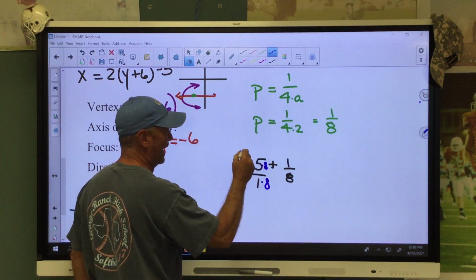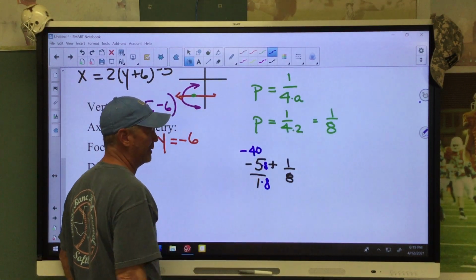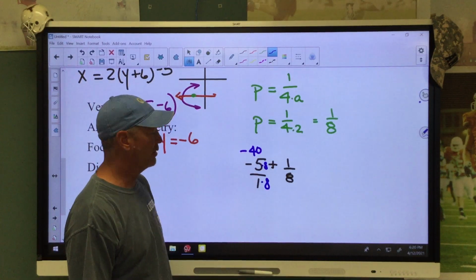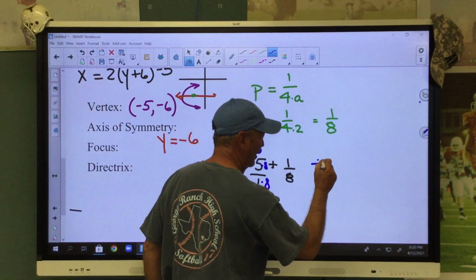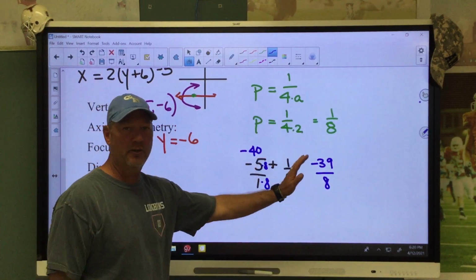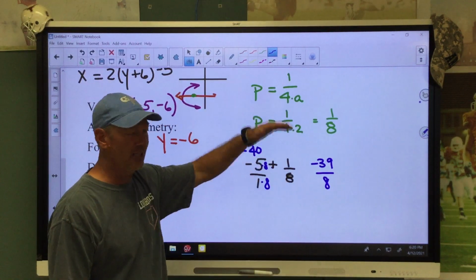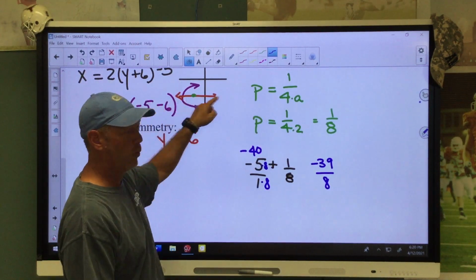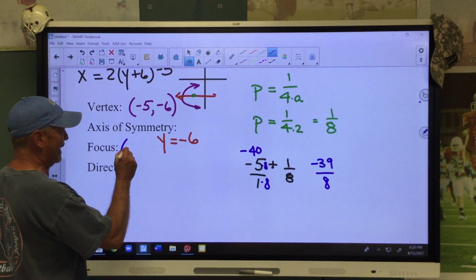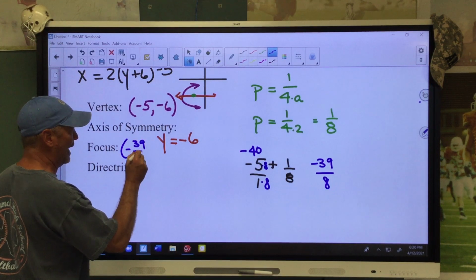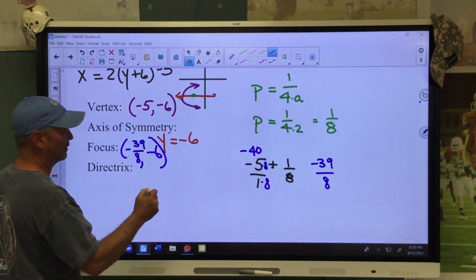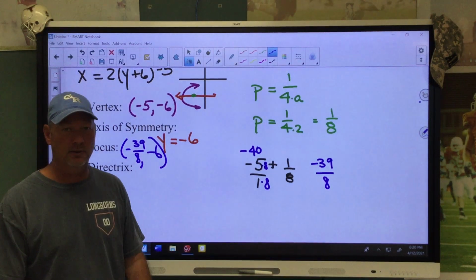This is going to get me -40/8. -40 plus 1 is going to give me -39/8. My x value has changed, but my y value has not changed because we're going to stay on this horizontal line. So my focus will be at -39/8, comma, stays the same, -6. There's the location of my focus.